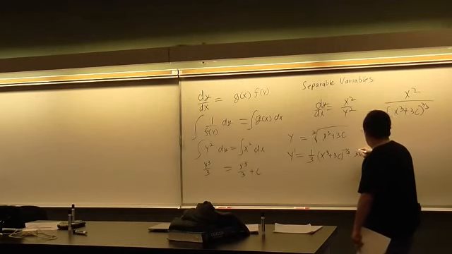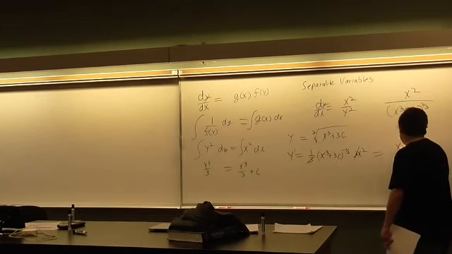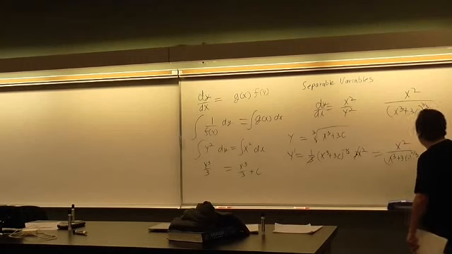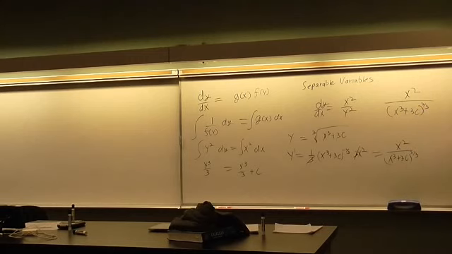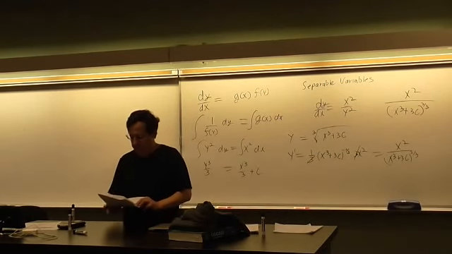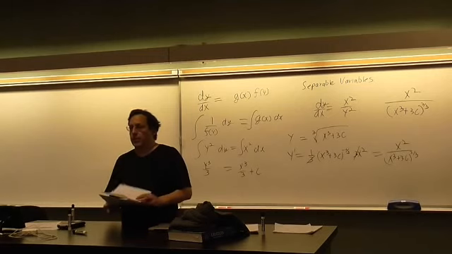Let's see, that cancels. So this is just x squared over x cubed plus 3c to the 2/3. My gosh, it works. They're the same. But there's more.